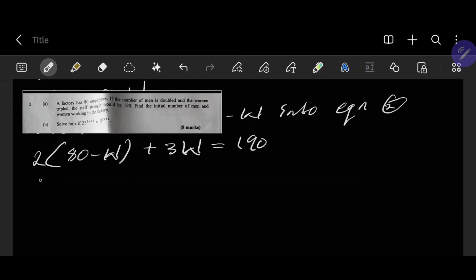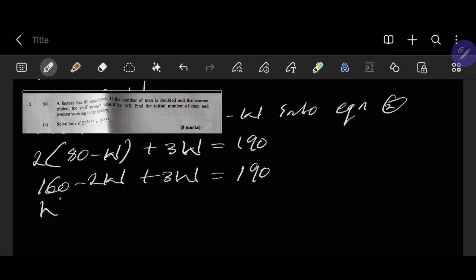So I'm going to open this bracket. You have 2 times 80, you're going to get 160, and 2 times minus w, you have minus 2w. So plus 3w is equal to 190. Okay, so collecting like terms.